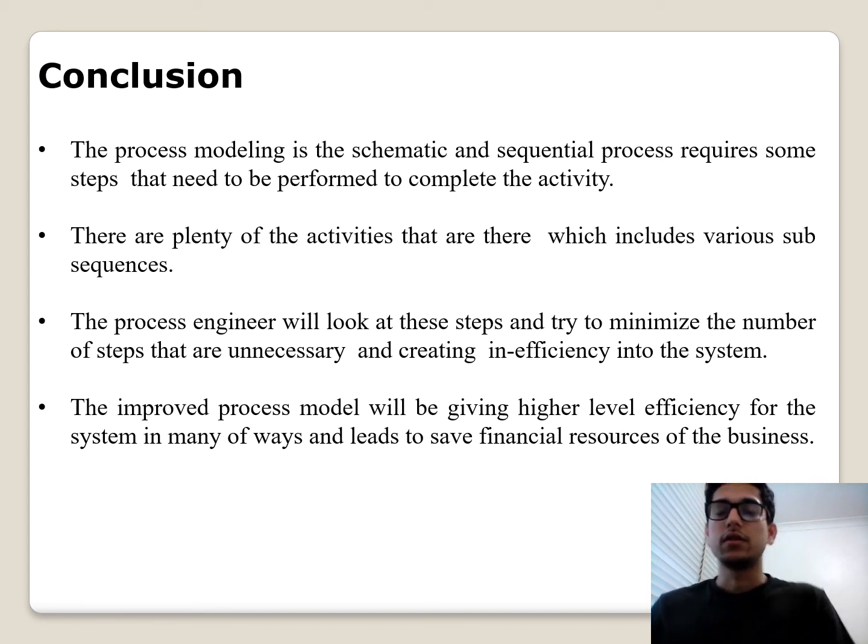So there are lots of activities going on which are called subsequences. When the customer enters the clinic, he has to go through various steps which are further minimized into sub steps. In this way the whole process gets done simultaneously.